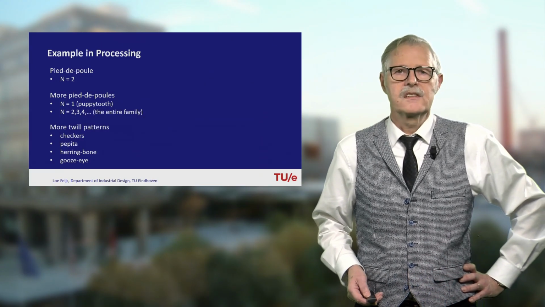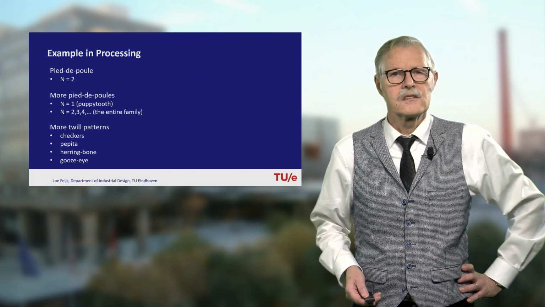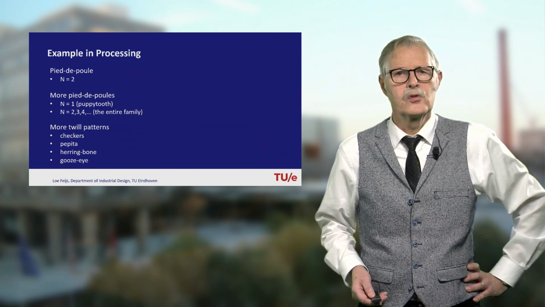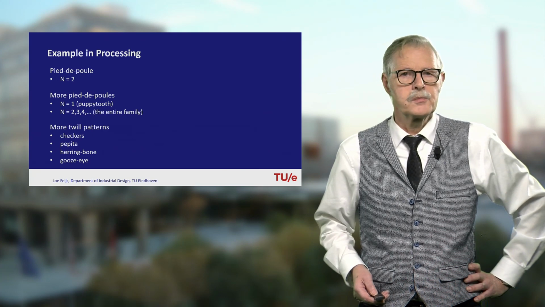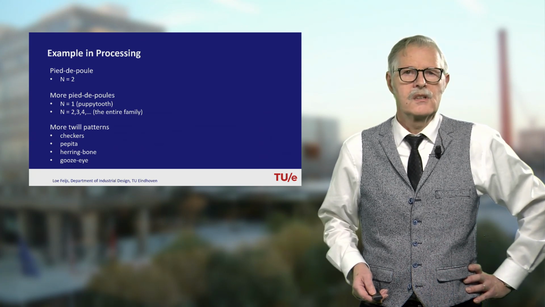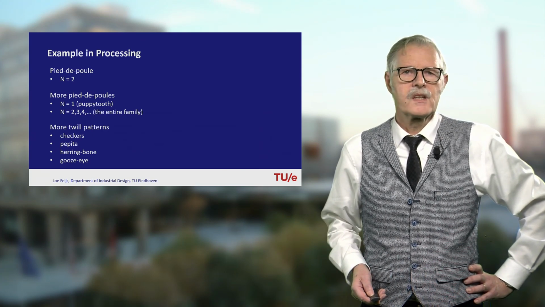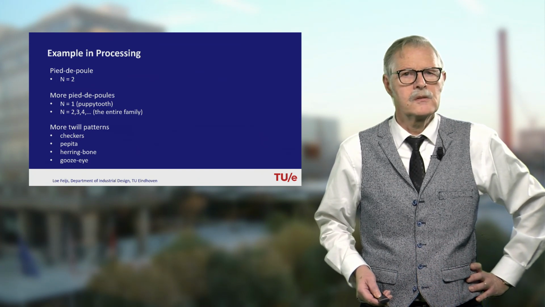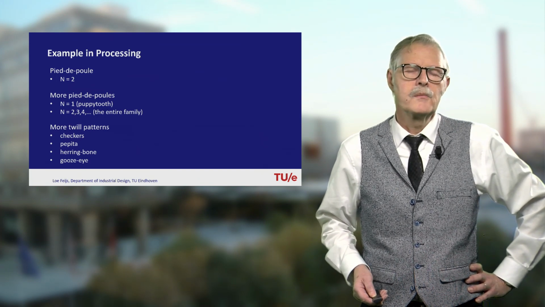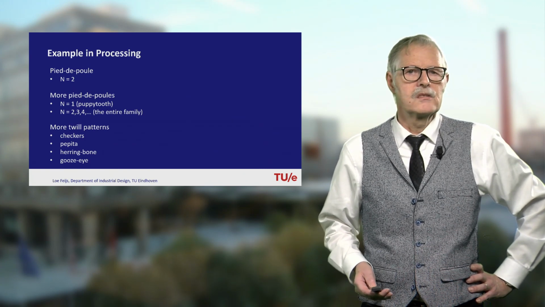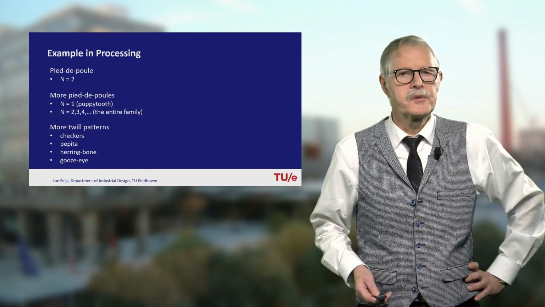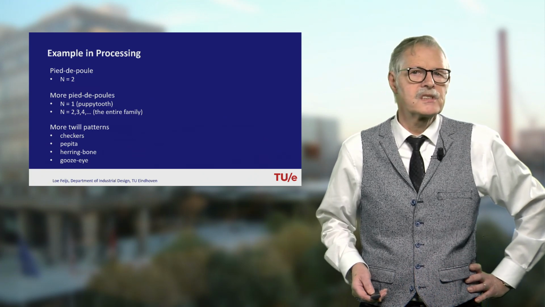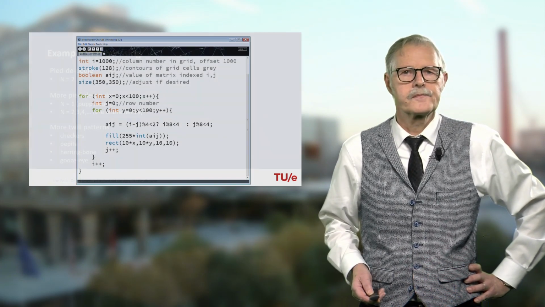Now we have this theory and this calculation, this modulo, at our disposition. I will show you an example in Processing. The example will generate a pied de Poule of the type n equals 2, but with small modifications we will also have the other pied de Poules and other interesting twill patterns.